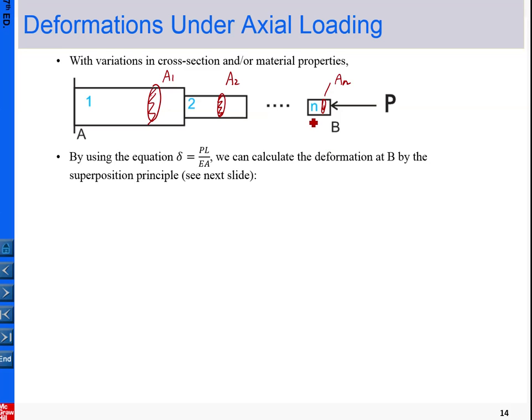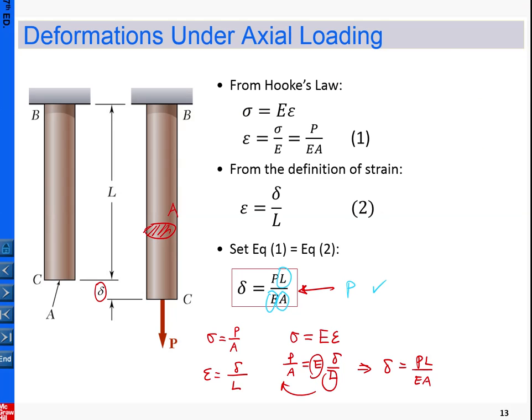For example, for this piece, let me draw the free body diagram here. So this is the given loading on this diagram. So that's P. By equilibrium, we can quickly determine that there is a reaction here, P. So for this case, you see it fits into our model. Our model is from the previous slides here.